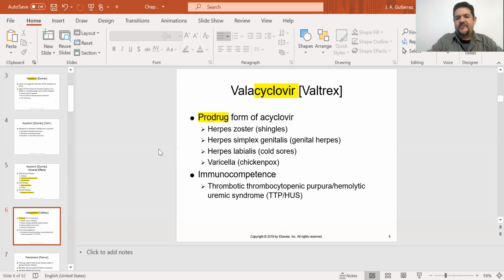Prodrugs are medications that are PO, and they can be used on patients that have liver disease, patients that have a decrease in liver function. A prodrug is a medication by mouth that is already activated, and it doesn't depend on the liver to get activated in order to have an effect.